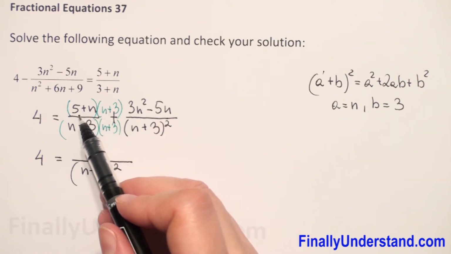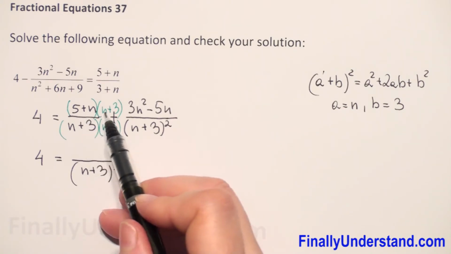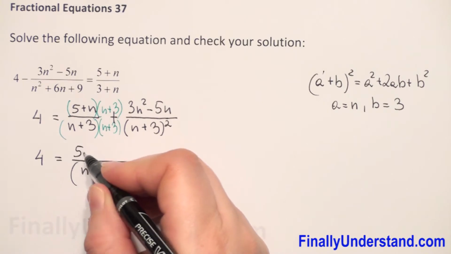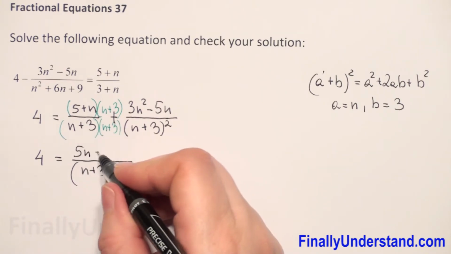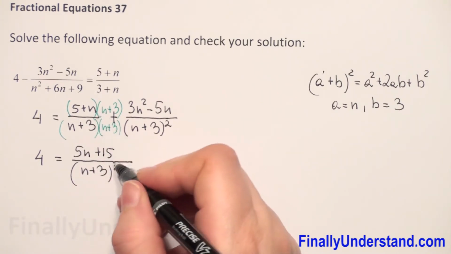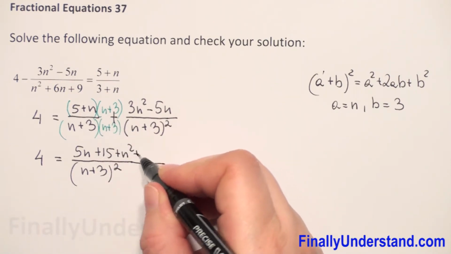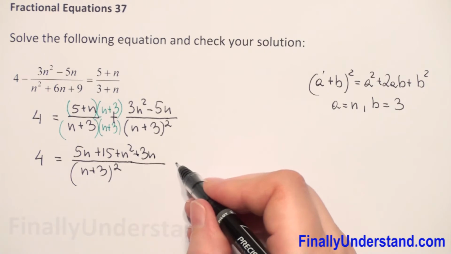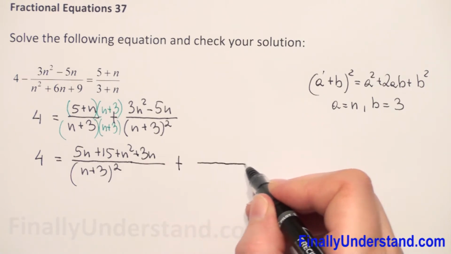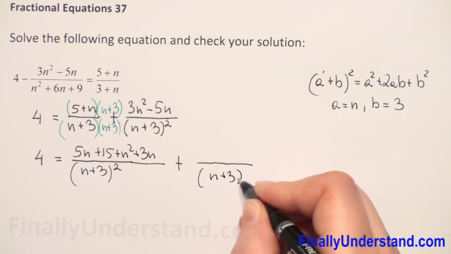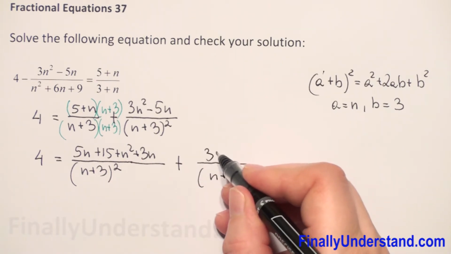So we have to multiply every expression in the first parenthesis by every expression in the second parenthesis. So 5 times n is 5n, 5 times 3 is 15, n times n is n squared, n times 3 is 3n. And we have plus, the second denominator is the same, so we don't have to do anything, we just have to rewrite.